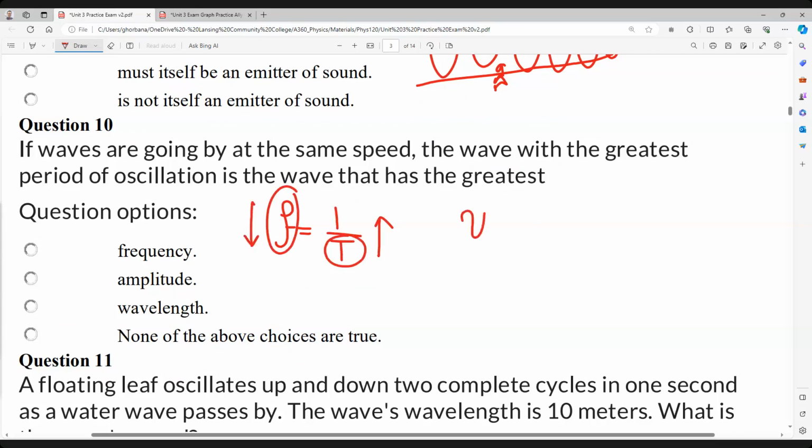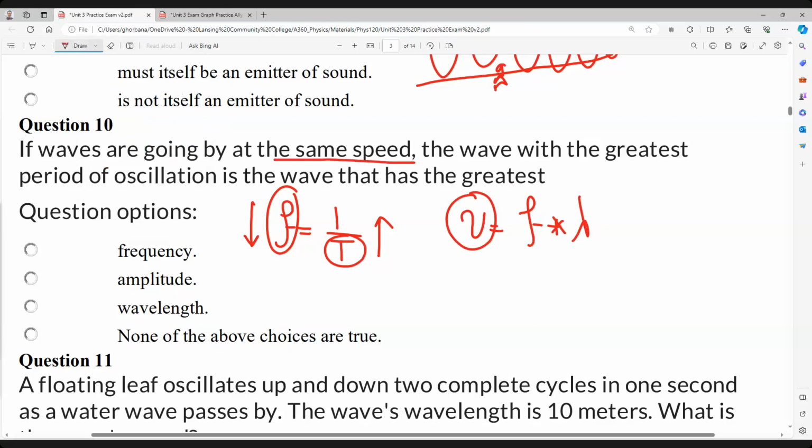What is the velocity? Velocity is frequency multiplied by lambda. If the velocity stays the same and you increase the frequency, the wavelength should decrease to keep the velocity constant, because it's telling us the same speed. The greater period means a smaller frequency. Sorry, I said it vice versa.